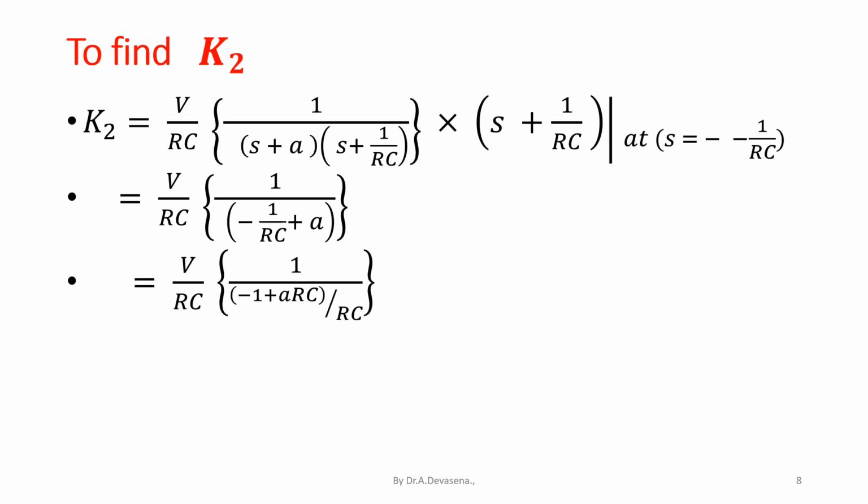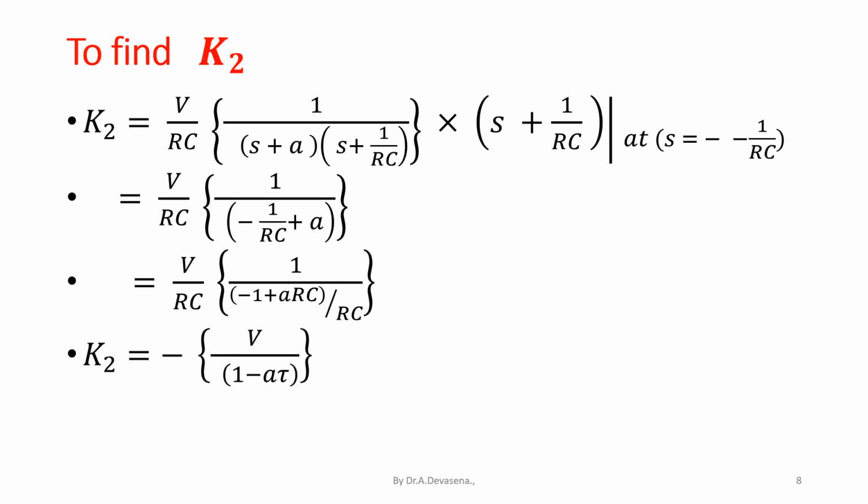If we further simplify this equation, we get K2 is equal to capital V divided by RC, open the bracket, 1 the whole divided by, open the bracket, minus 1 plus ARC by RC, close the bracket.